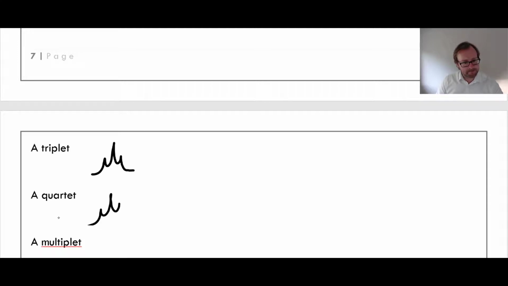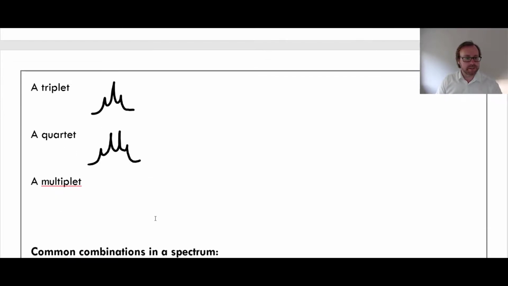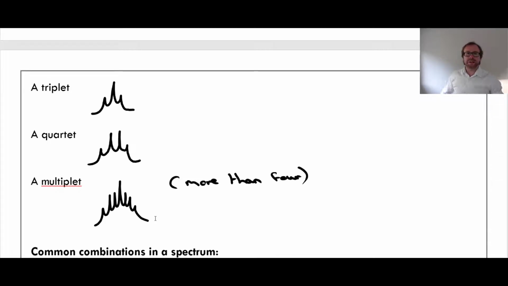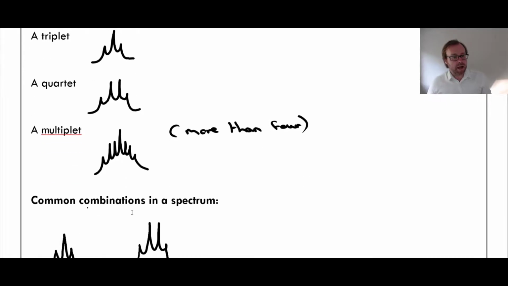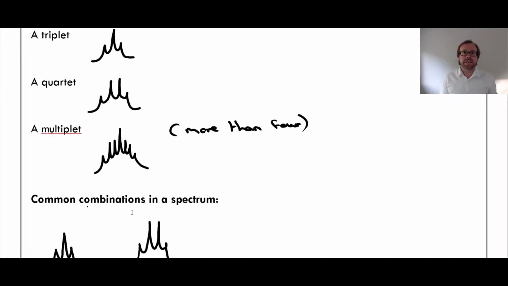A quartet would look like this. And a multiplet, well, there are different types of multiplet, but I'll do one, will look something like this. And when we say a multiplet, really what we're saying is more than 4. So it's split more than 4 times, okay? And you don't need to go into any more detail than that for this level of study.